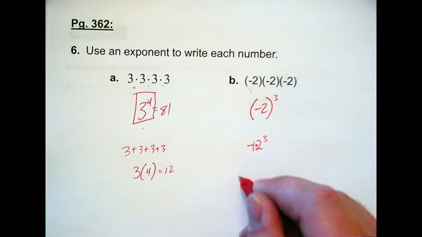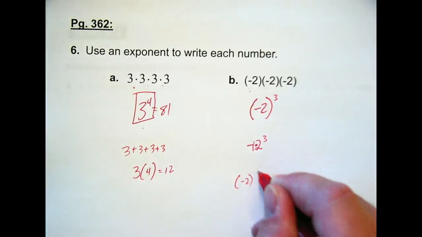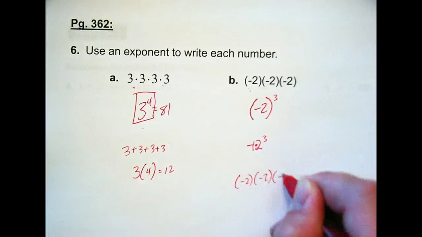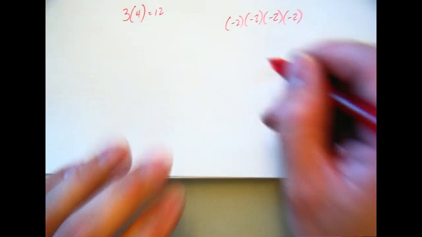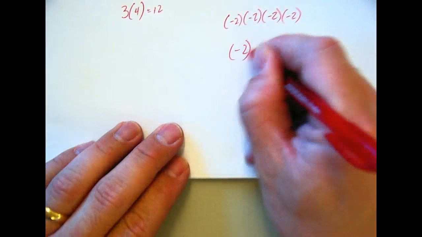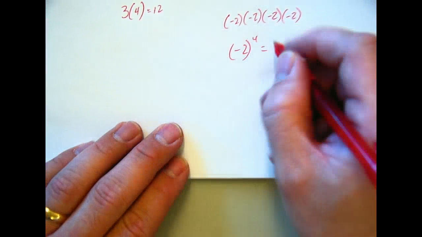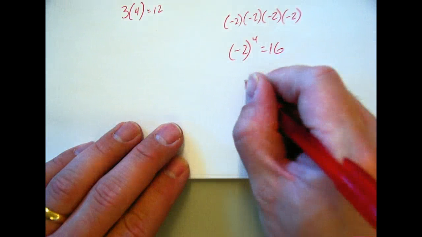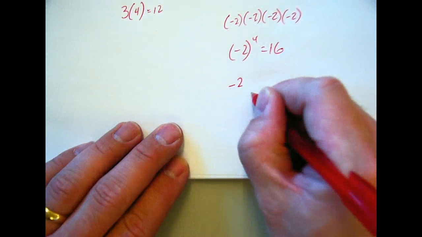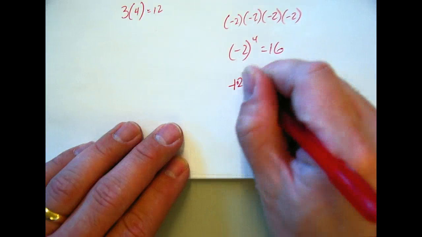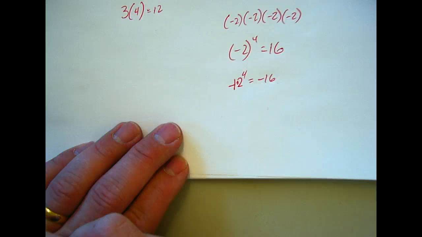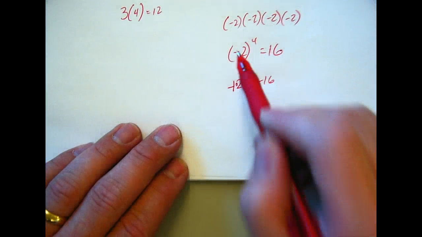However, if you're doing negative 2 times negative 2 times negative 2 times negative 2, that one is negative 2 to the 4th, which gives you 16. If you write it without parentheses, that means negative 1 times 2 to the 4th, which is negative 16. So if there's a negative, always make sure you put those parentheses.